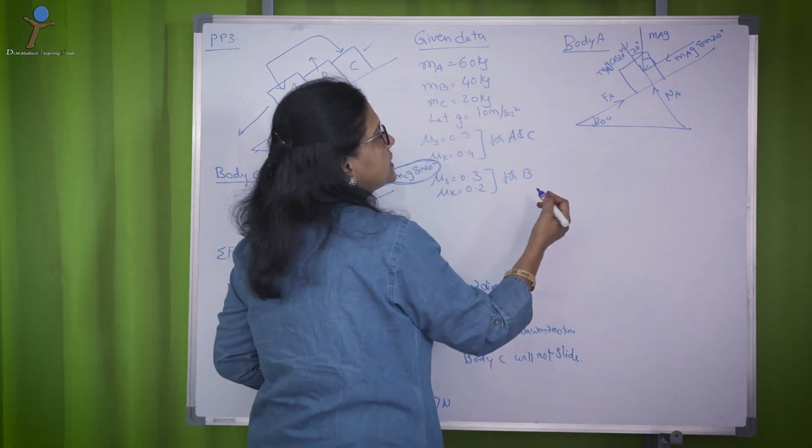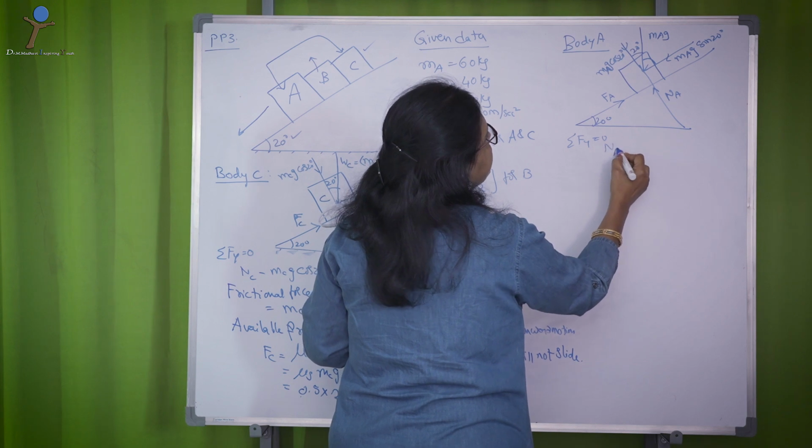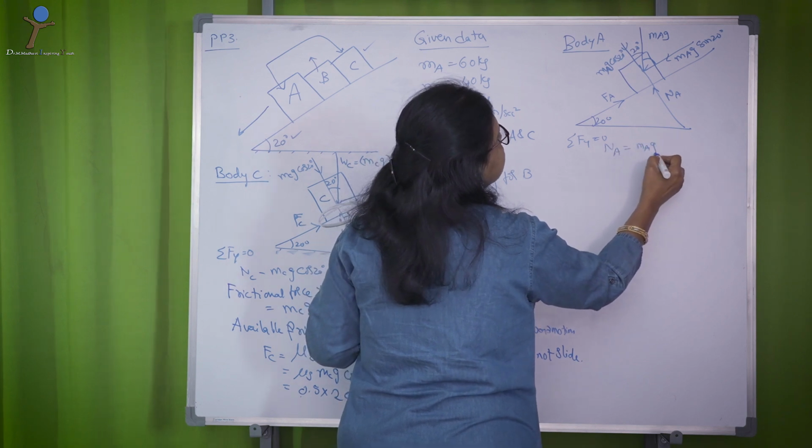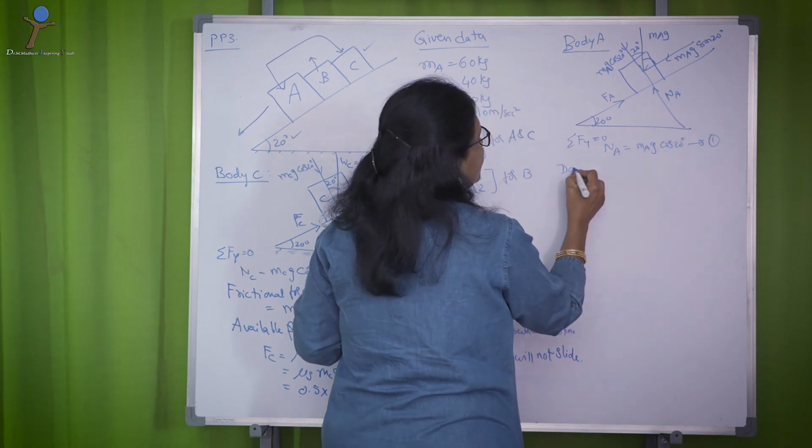So, first sigma Fy equal to 0, the same exercise, NA is equal to MAG cos 20, then find out the downward force.